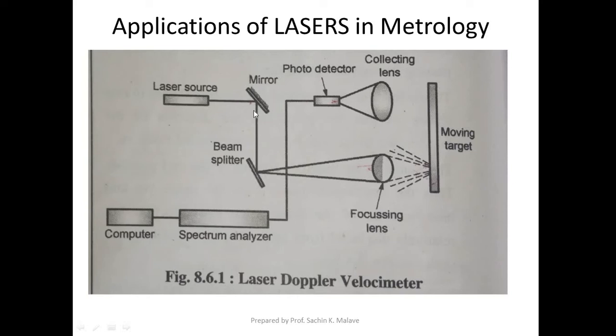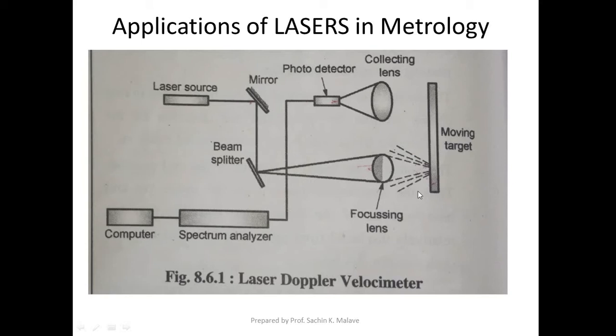The beam splitter will split this laser beam into two waves. Now these waves are focused through this focusing lens, and they cross at the point of measurement.